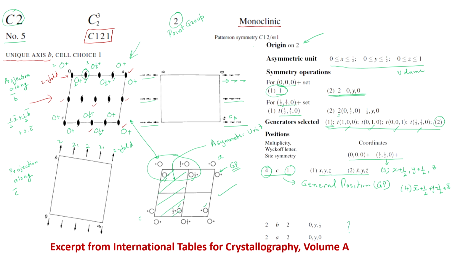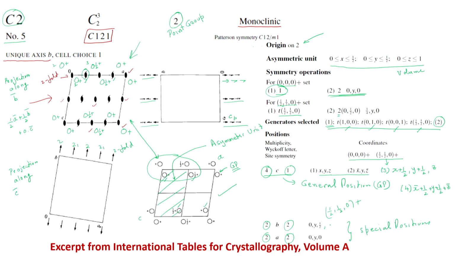Now, these are special positions. The site symmetry is 2 in both the cases. One is at 0 y 0, so it is a two-fold axis coming out at the origin, and 0 y half is a two-fold axis coming out at the center. Now again you see the multiplicity is 2 in both the cases, but you only see one coordinate, and the second coordinate you can get by adding half, half, 0, just like we did in the earlier case.